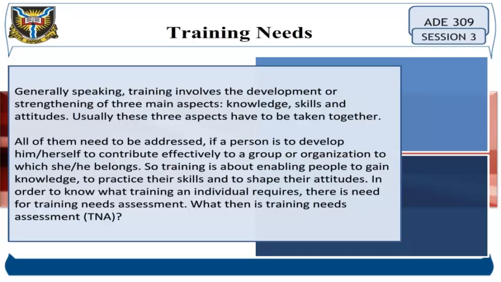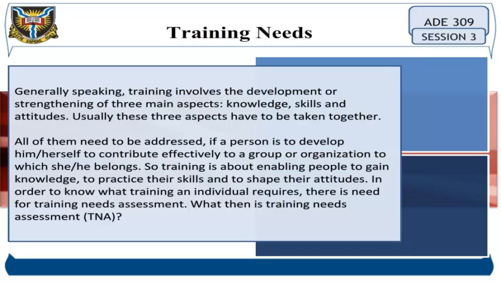Usually these three aspects have to be taken together. All of them need to be addressed if a person is to develop him or herself to contribute effectively to a group or organization to which she or he belongs.